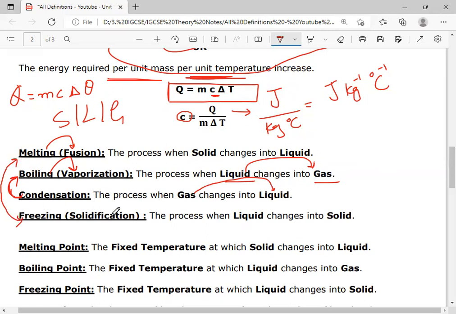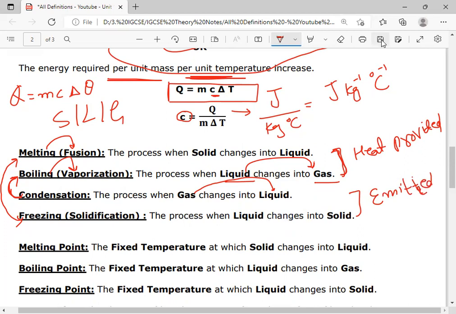Freezing is also termed as solidification: the process when a liquid changes into a solid. In these two processes, heat has to be provided, while in these two processes, heat is emitted or released.